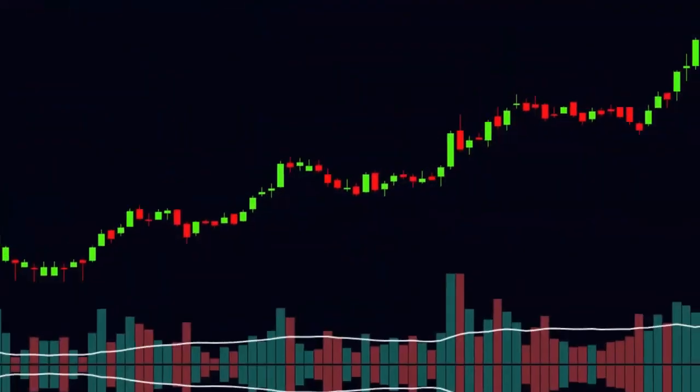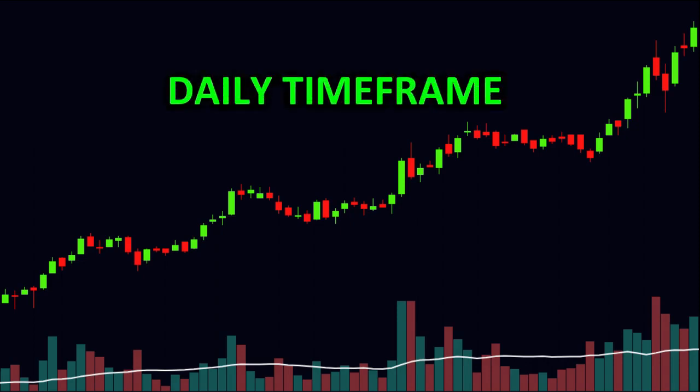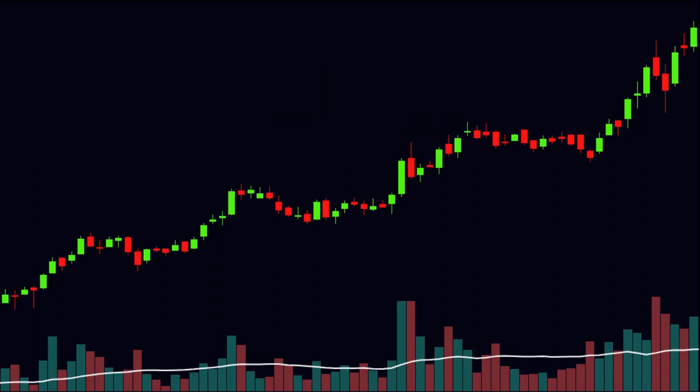Let us take an example to understand with more clarity. As you can see here, we have the chart of a stock on the daily time frame. Initially, the price is in an uptrend. At this point, the price made a high. After making this high, what is the position of the next 3 following candles?